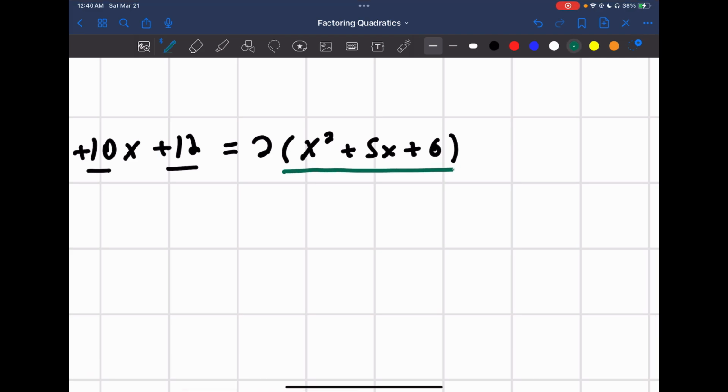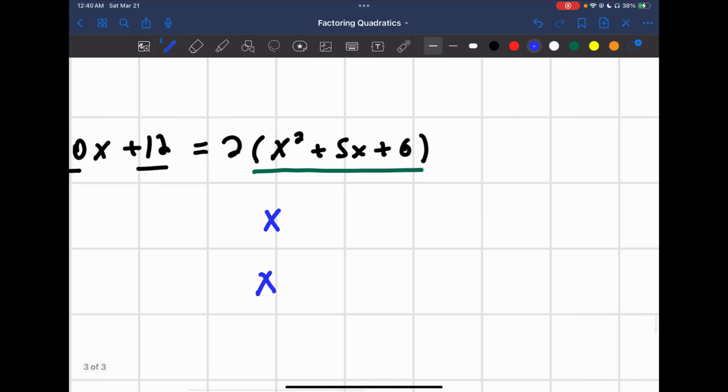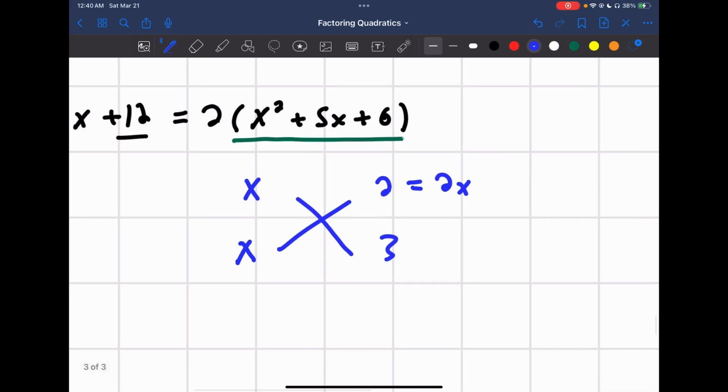So we could factor this out with our process. x times x is x squared. 2 times 3 is equal to 6. Cross multiply, so it would be 2x and 3x, which sums up to 5x, and the 5x is our middle term.